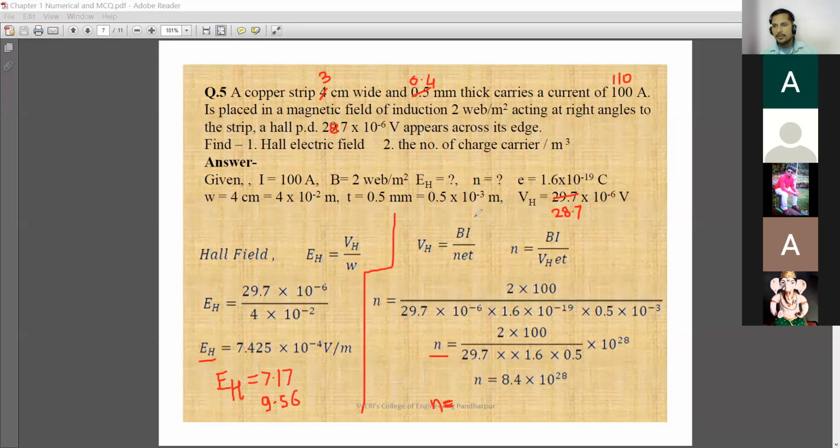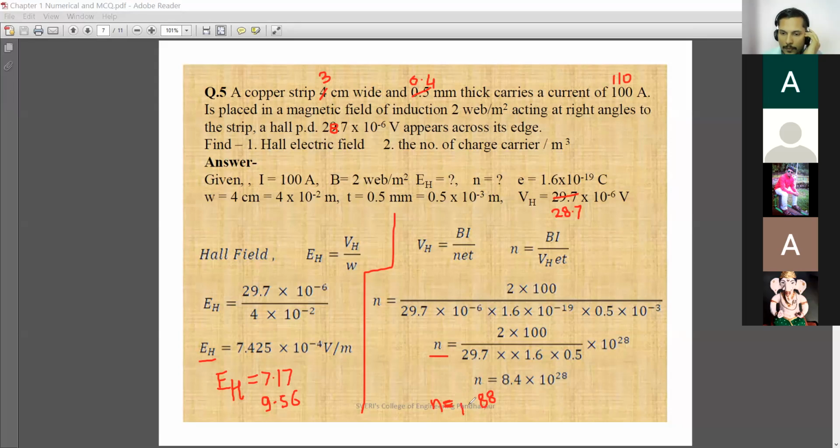Anyone calculated the N value? Share with me, what is your answer? 10.88. Okay, something is the problem in this headphone, that's why I'm not getting you clearly.